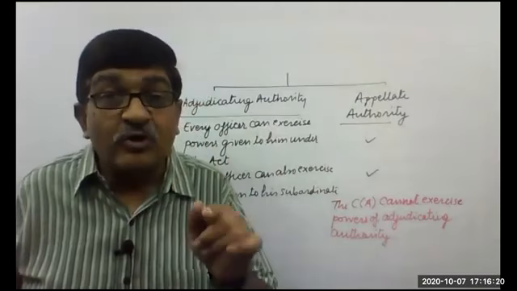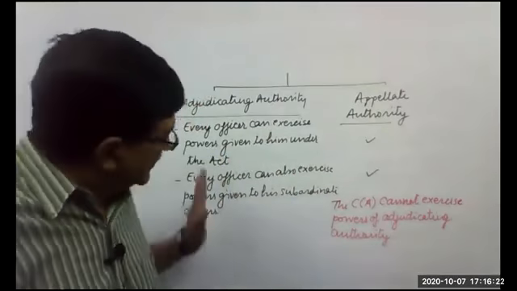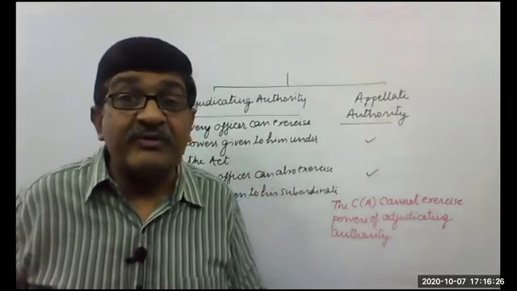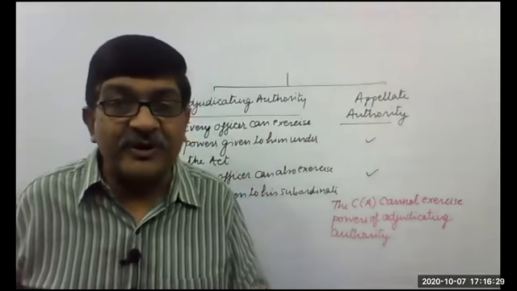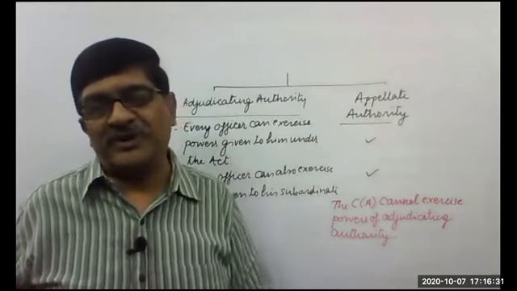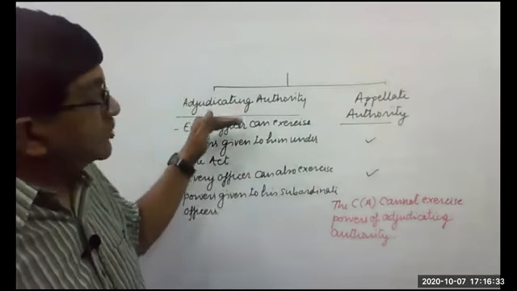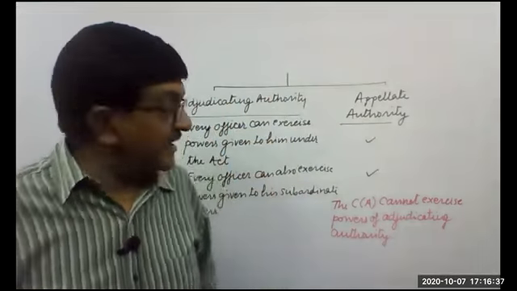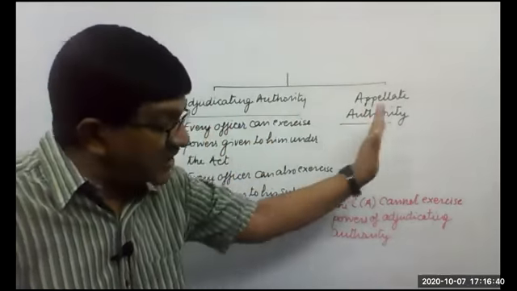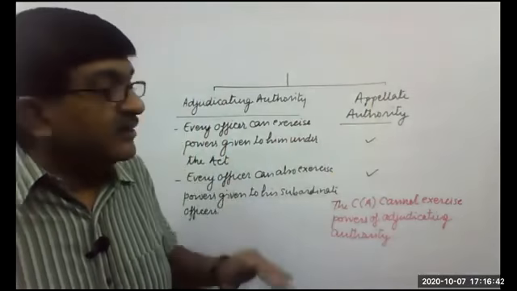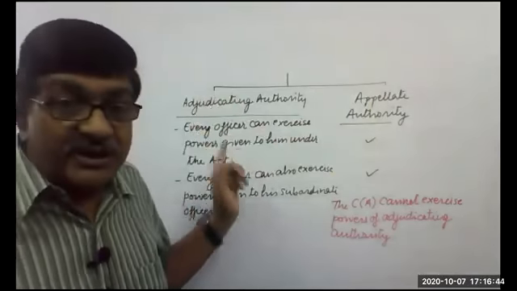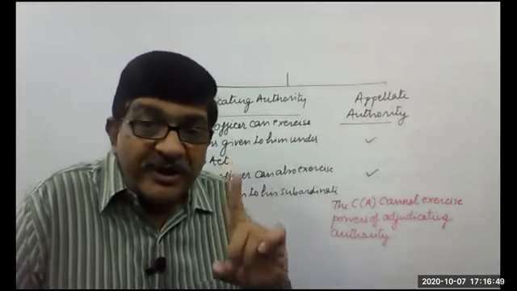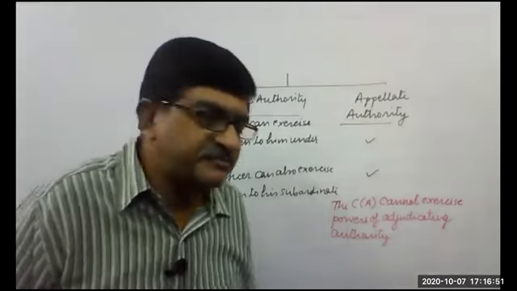But there is one thing common among the two, and that is the power to summon any person in respect of any proceeding pending before them. So adjudicating authority as well as appellate authority both have one common power. Otherwise, the powers are different, and where the role of adjudicating authority ends, the role of appellate authority begins. Only one common power among both of them.